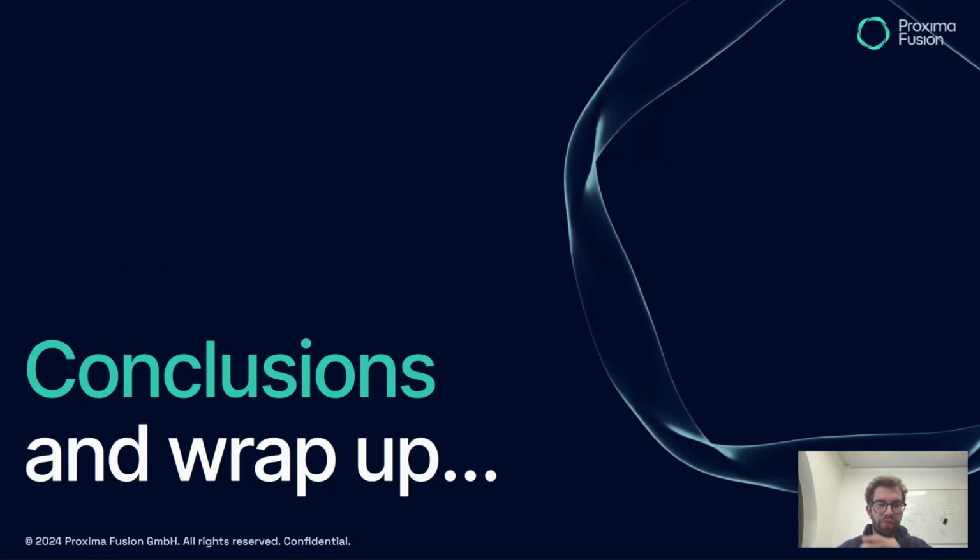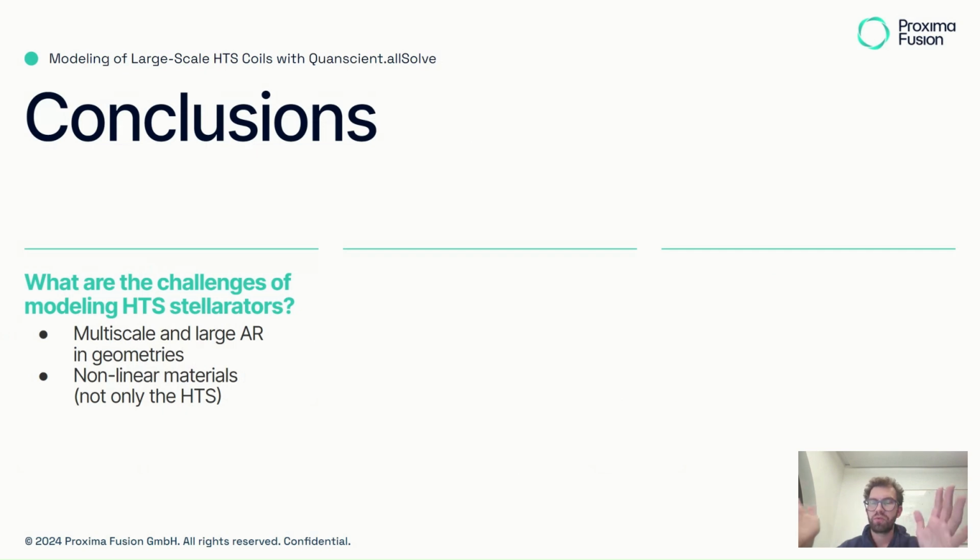With this, we have to conclude because we kind of ran out of time. In terms of wrap up, remember the research question at the beginning: what are the challenges of modeling HTS stellarators? Well, multi-scale and large aspect ratios and geometries, nonlinear materials is pretty much a nightmare, and there are a plethora of methods to tackle them.